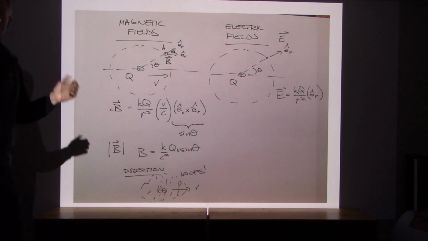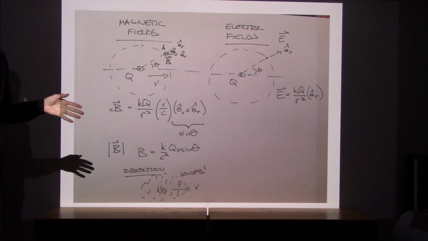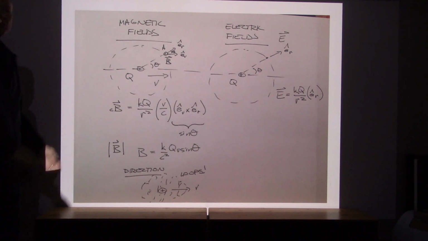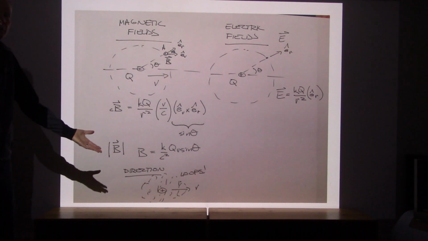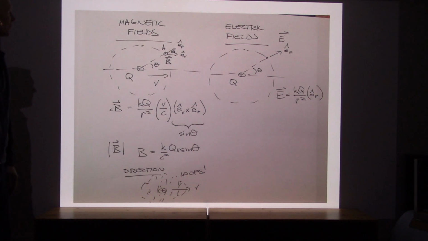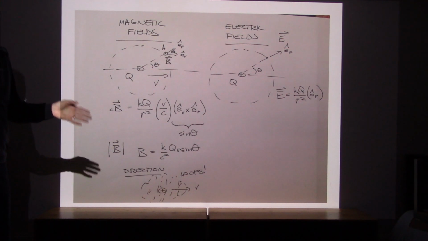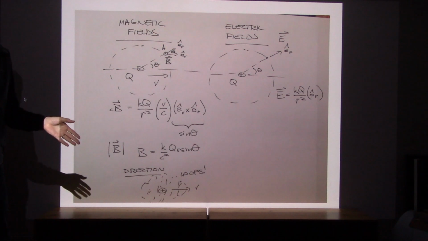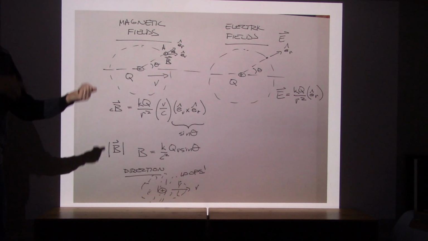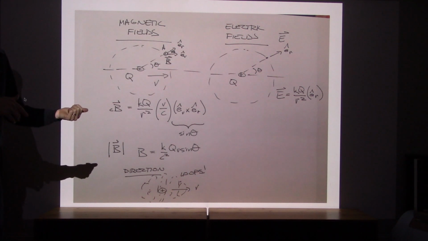It does turn out that once you've done a course in special relativity, you can rewrite these field equations in a much more unified manner. But it's usually felt, and I think correctly, that you can't really spend a semester or a year learning special relativity and then come back and do electric and magnetic forces.